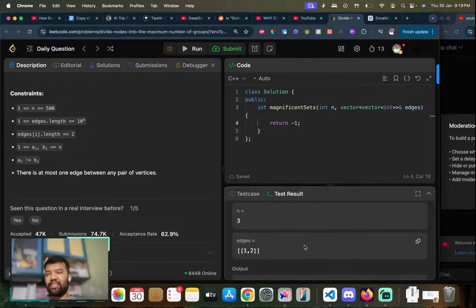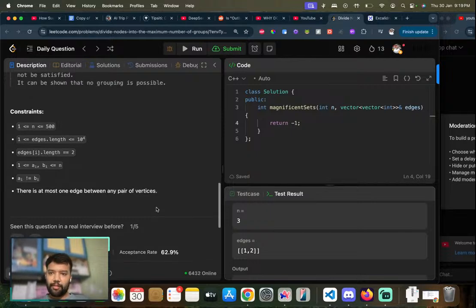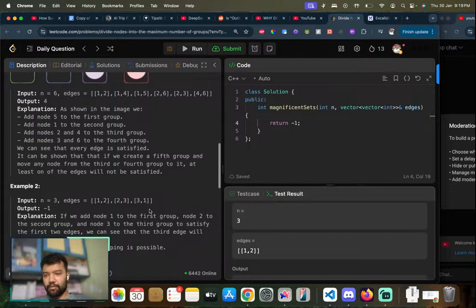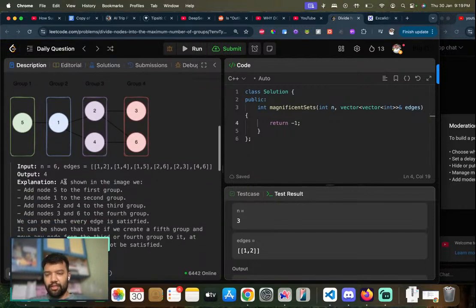The answer is 3. How is the answer 3? Let's see this example. There's an edge from 1 to 2, 1 to 4, 1 to 5, 2 to 6, 2 to 3.